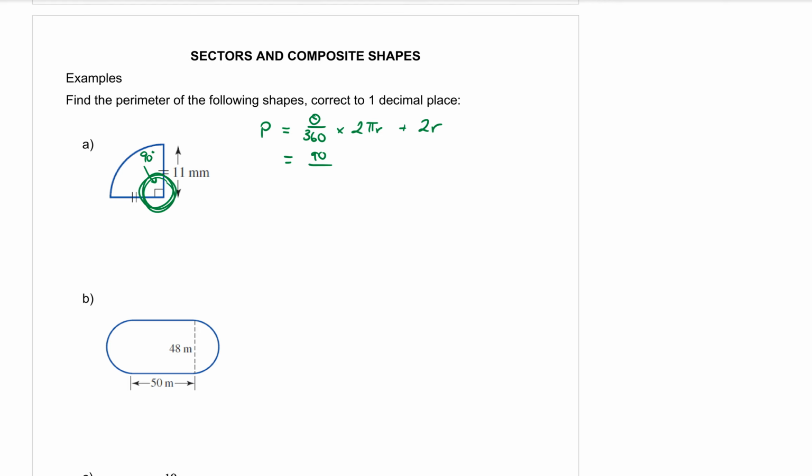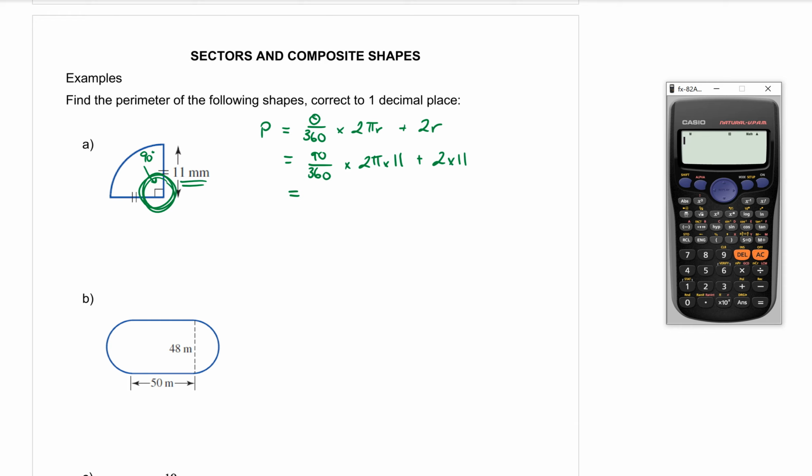90 over 360 times 2 pi times r. Now the radius is the 11, so times 11 plus 2 lots of the radius, which is another 2 times 11. And finally we type that into our calculator.